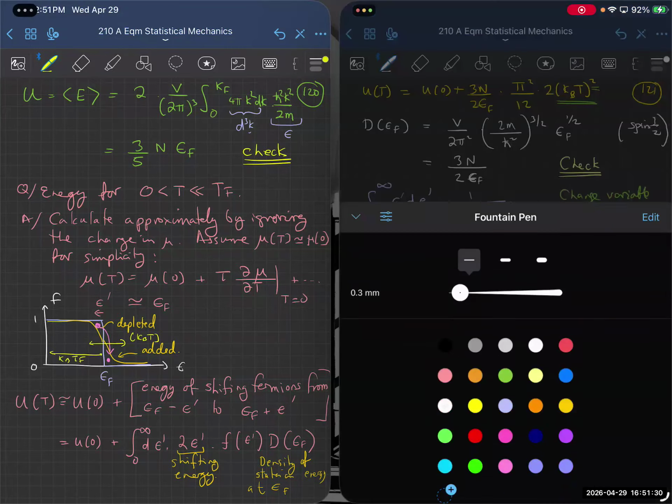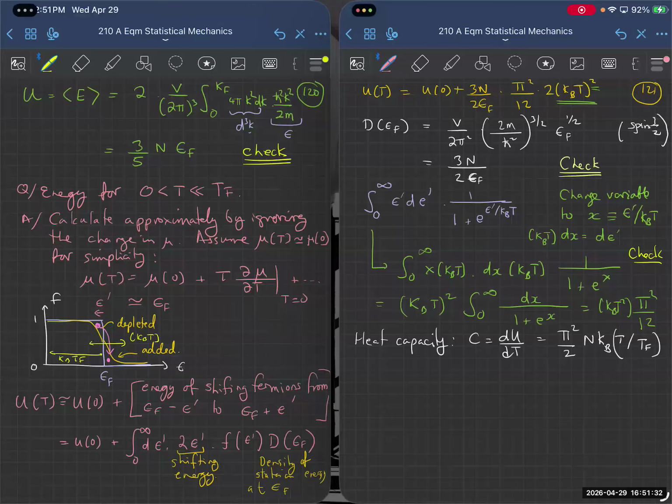And so there's two things to notice about this. Comment number one is that C is proportional to T at low temperature, and this is a quantum effect.